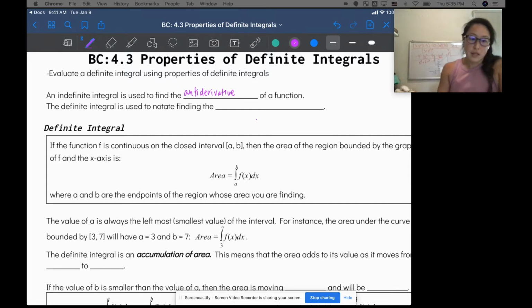Okay. A definite integral tells us the area under the curve from one x value to another.